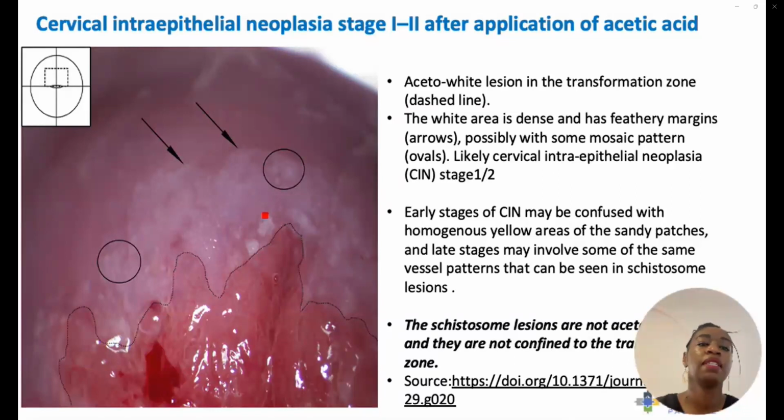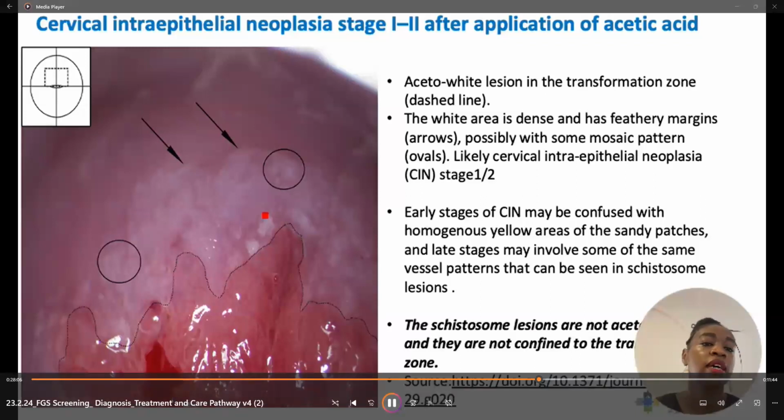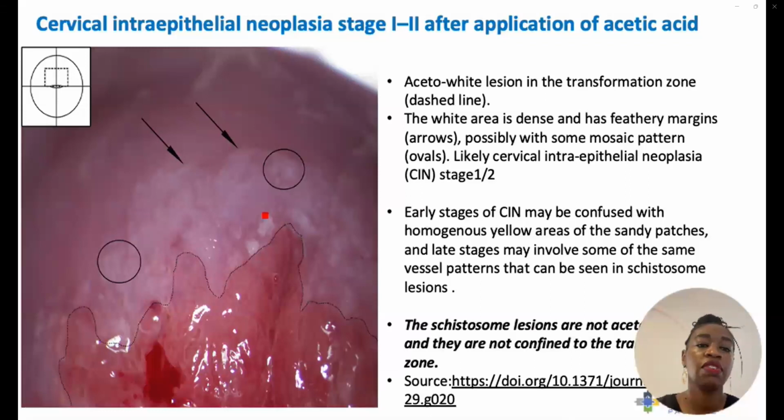But the thing is to be able to differentiate this, because the schistosoma lesions are not restricted or confined to the transformation zone. And as we say, they can attack anywhere along the reproductive tract, from the vagina to the cervix to the uterus, where we are not able to see, to the fallopian tubes, to even the ovaries.